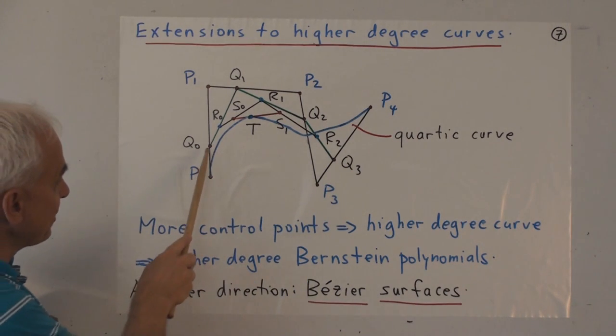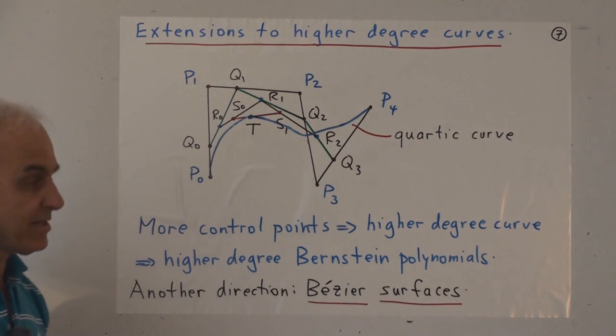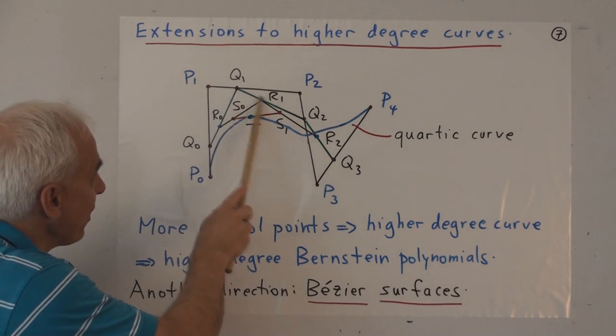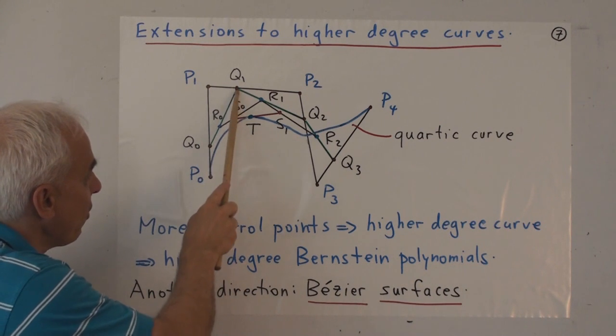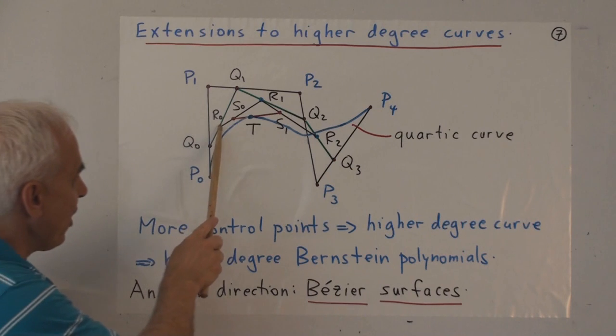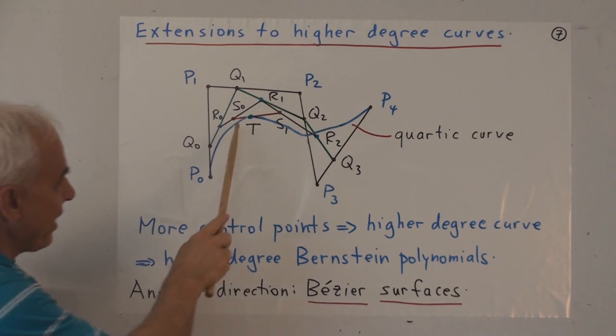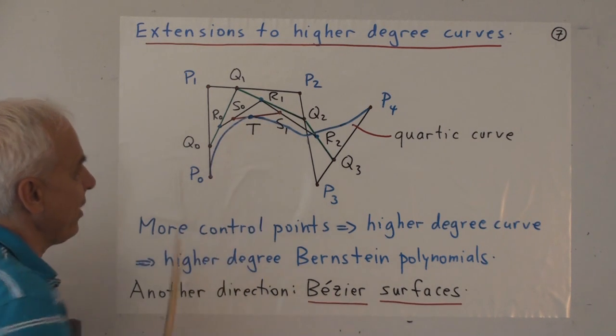And you can see that I've got points Q0, Q1, Q2, and Q3 on those segments. And then the segments formed by the Qs, I've got R0 going here, R1 going here, and R2 going here. And then between the R's, we have S0 along here and S1 along here. And finally, T going from S0 to S1.